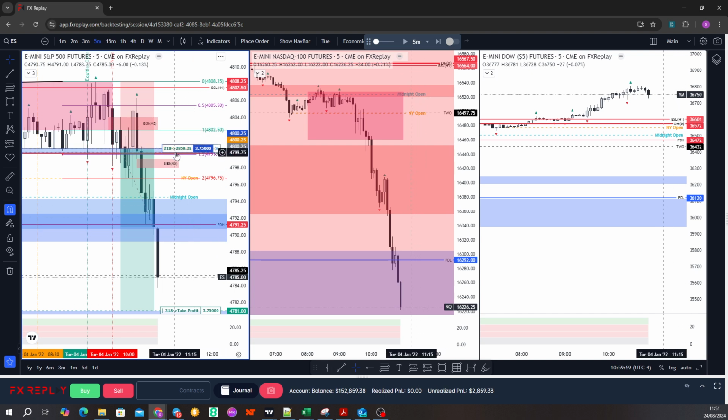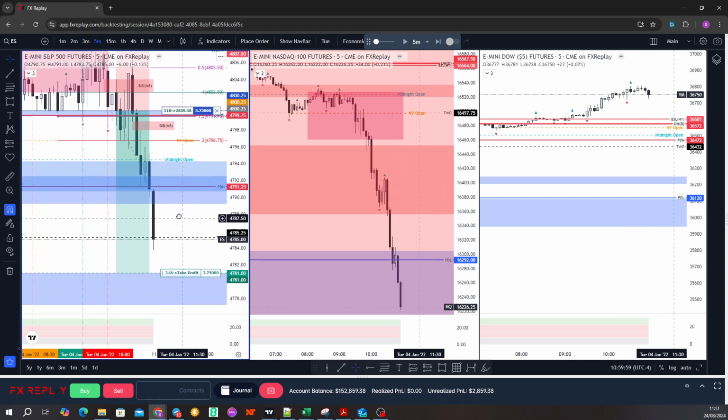Do you know what I mean? Essentially, my stop loss should move to this candle here, which is so annoying.